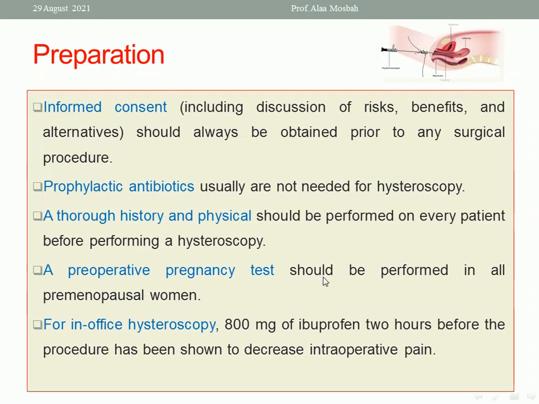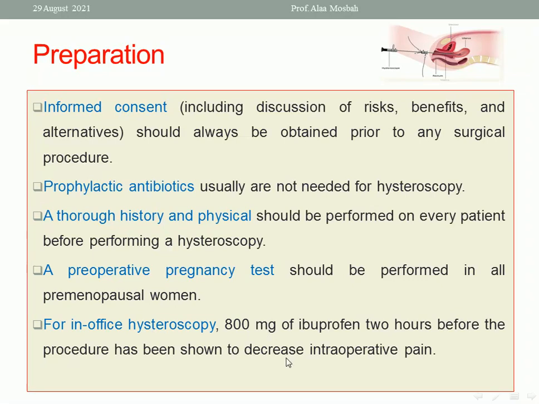Then you should take informed consent, and you should discuss with the patient the risks, benefits and alternatives for hysteroscopy before doing the procedure. Prophylactic antibiotic is not routinely given except in certain cases, so you can do hysteroscopy, this minimally invasive procedure, without giving prophylactic antibiotic. If there is a risk of infection, you can give antibiotic.